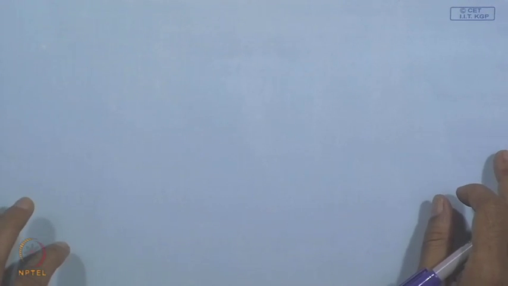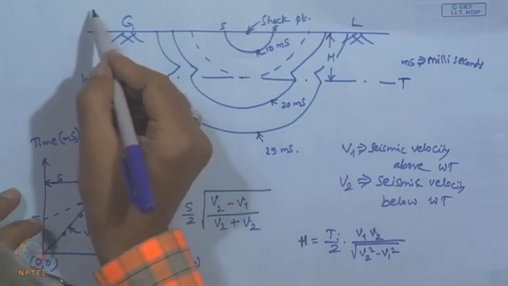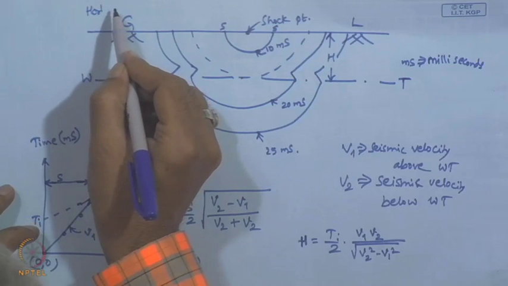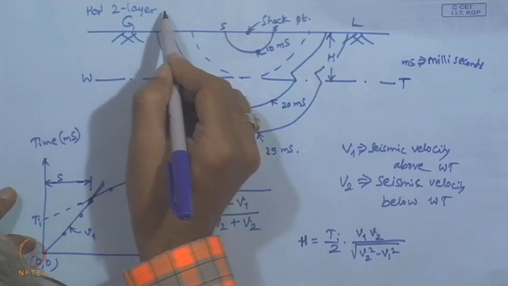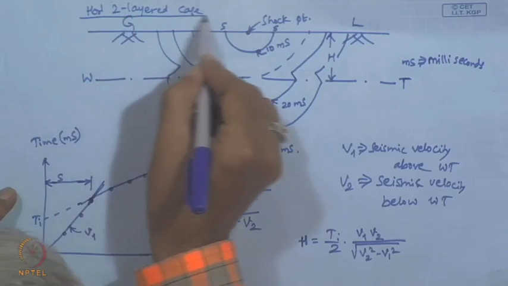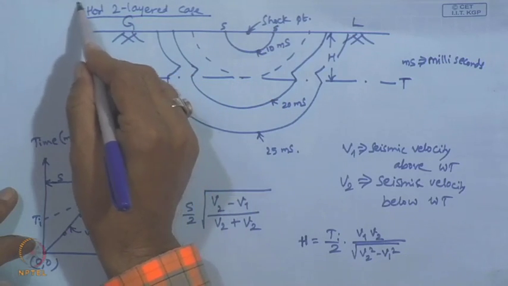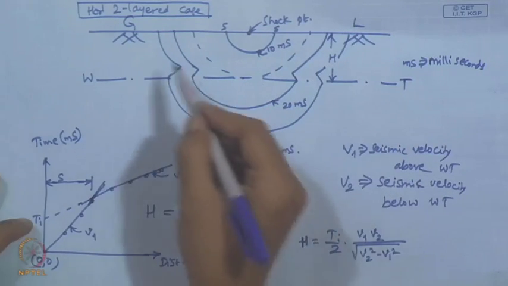And now we will consider this is a horizontal two layered case, one above water table which is at a depth of h, the other one below water table.